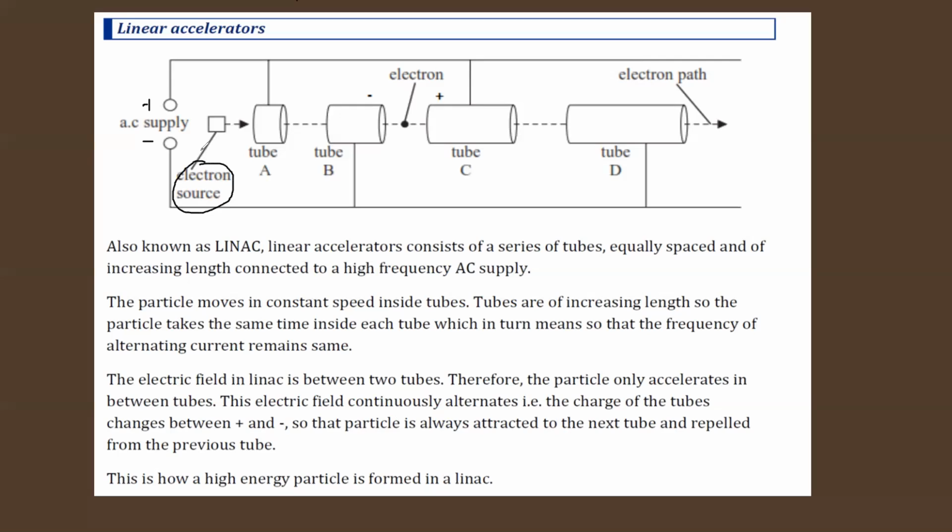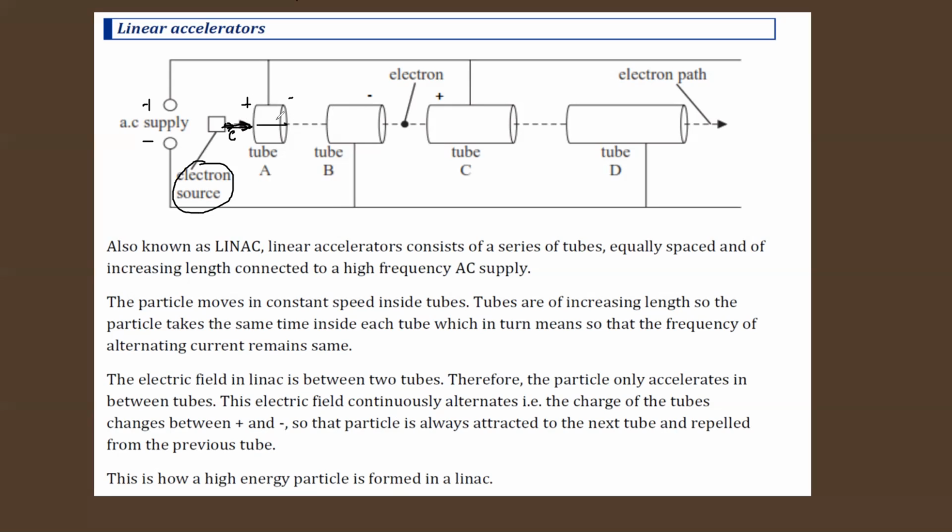So what happens? For example, if you want to accelerate this electron, first the electron will come out. As this electron comes out, one end will be the positive terminal, another one negative. So when the electron experiences attraction from a positive terminal, it is accelerated.